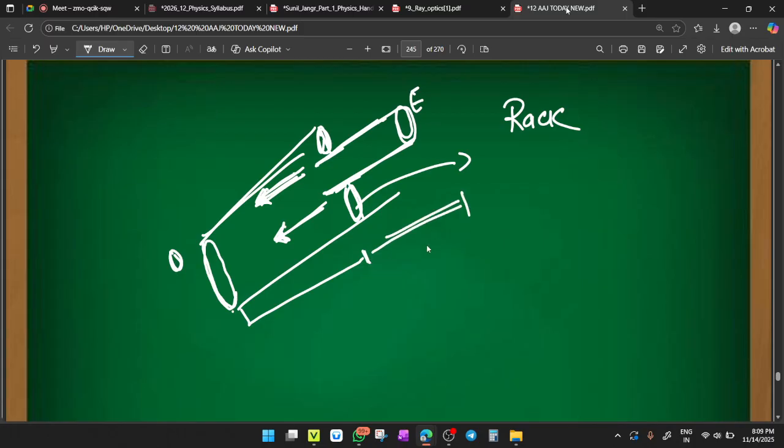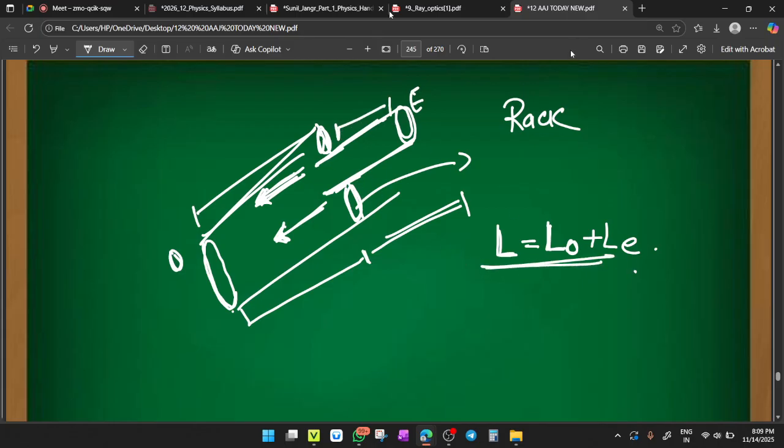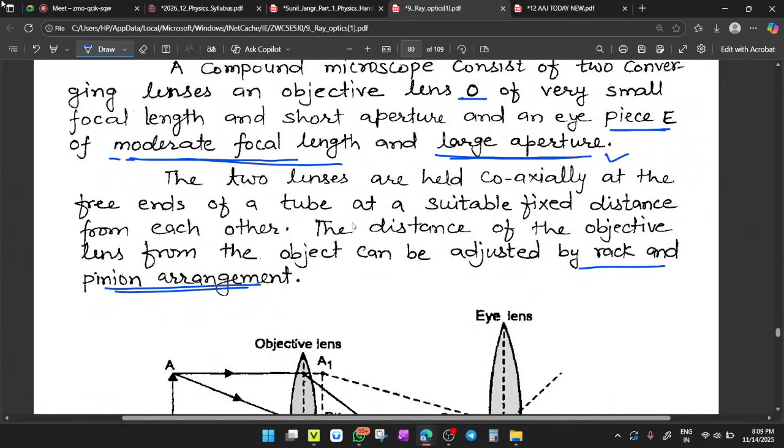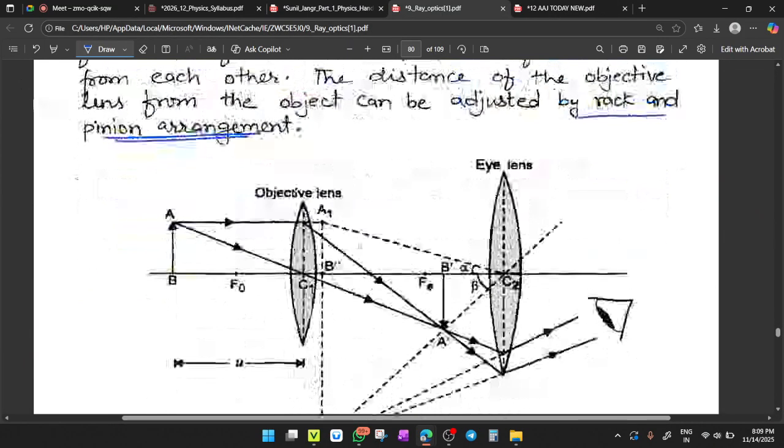And this is the length of the larger tube, this is the length of the smaller tube, and this is called the total length. So L, the length of the total tube, is equal to the length of the objective tube plus the length of the eyepiece tube. Actually, two lengths are there, this bigger one and this smaller one. This is called the length of the tube. Clear?